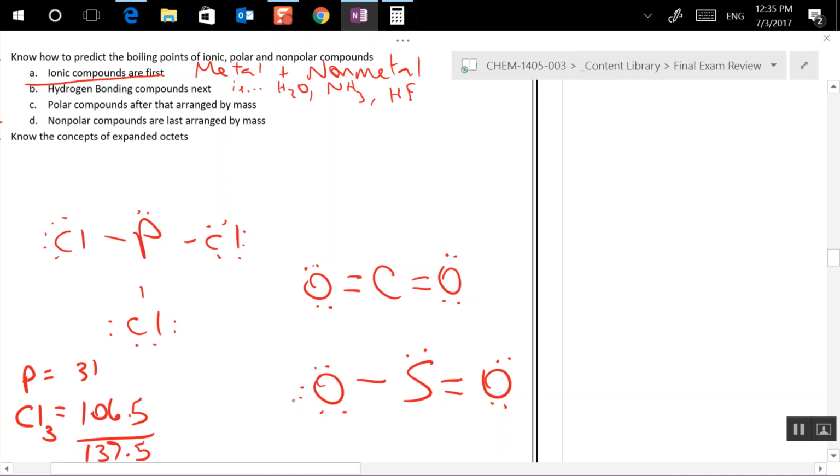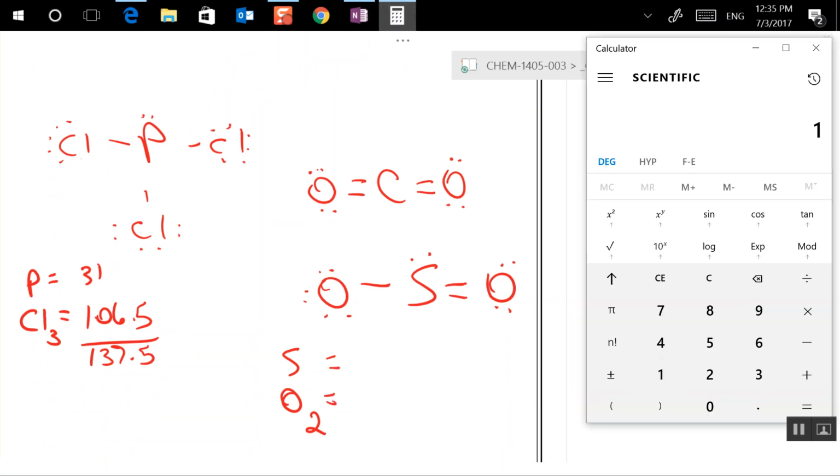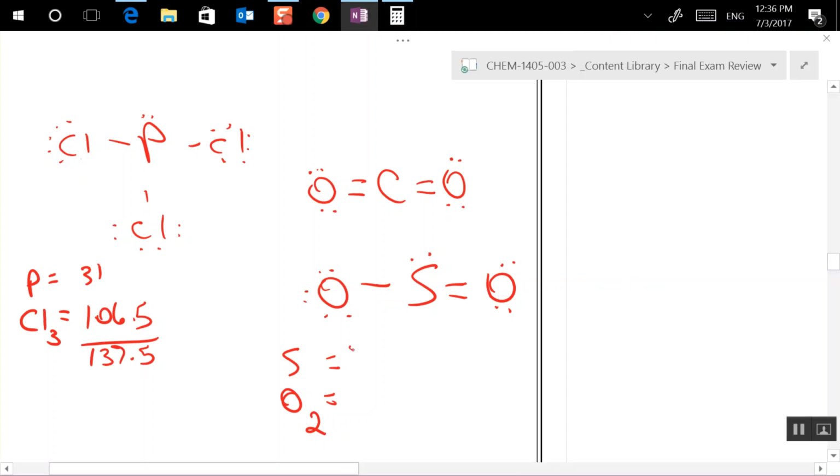And then this guy is SO2. 32 plus 16 plus 16, I'm going to get 64. Okay? And now you can easily see which one's heavier, right? You can just find the mass.